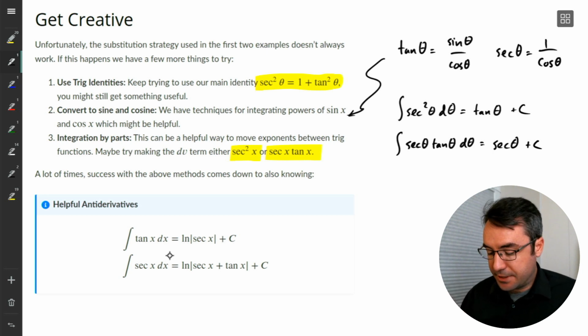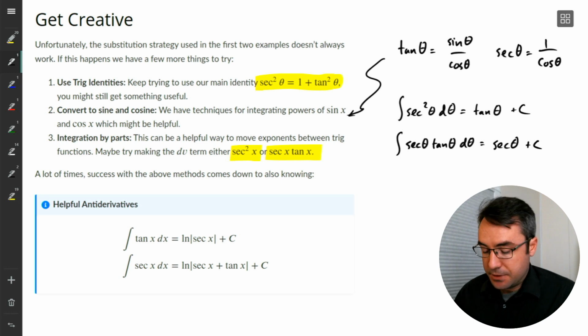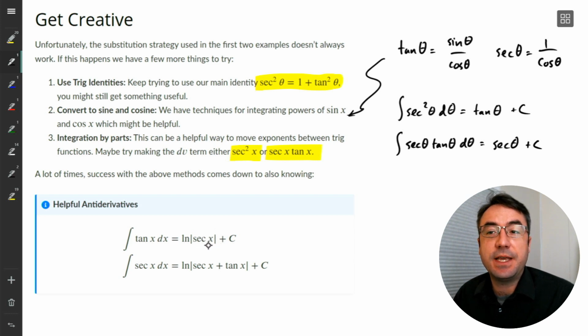Those are the three things we could try. Another thing to keep in mind is that there are a few other helpful antiderivatives we might need to use. We looked at the integral of tangent when we talked about the substitution rule. You can prove this one. It ends up being the natural log of the absolute value of secant x. And then the integral of secant x is another helpful antiderivative: the natural log of the absolute value of secant x plus tan x.